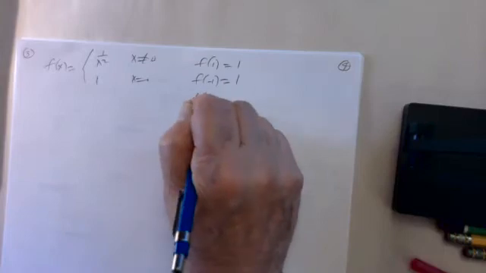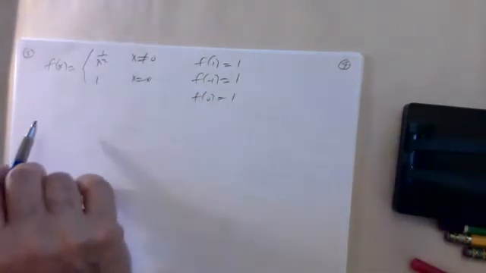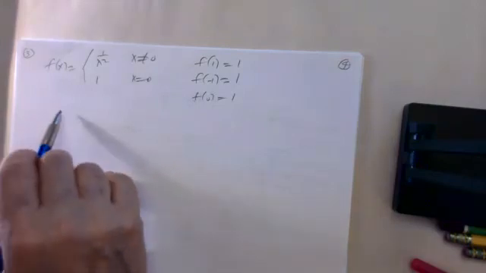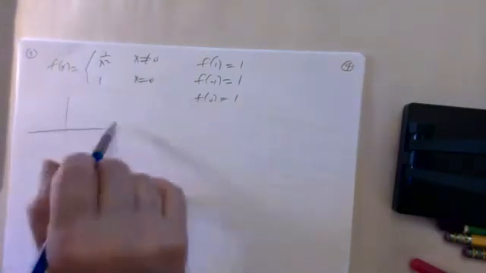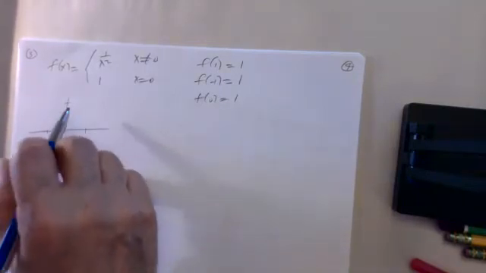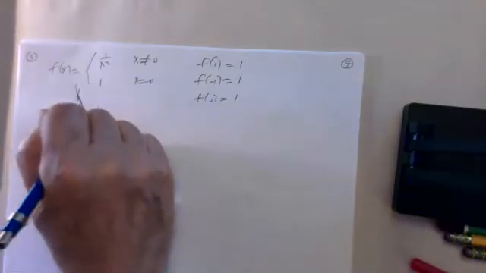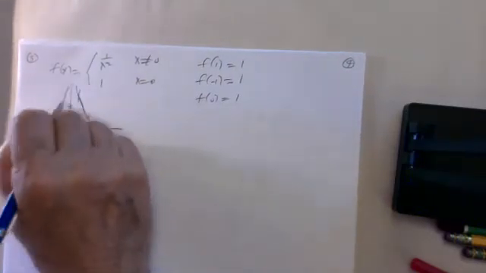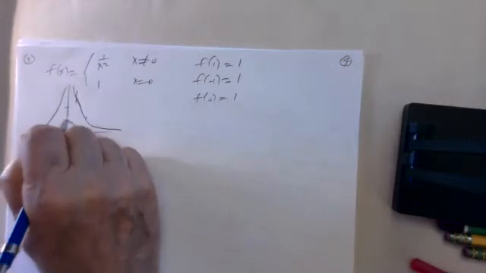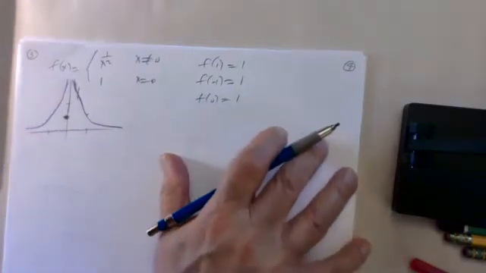And f of 0 is 1. And when we graph the function, it looks like this. That's the graph of the function.